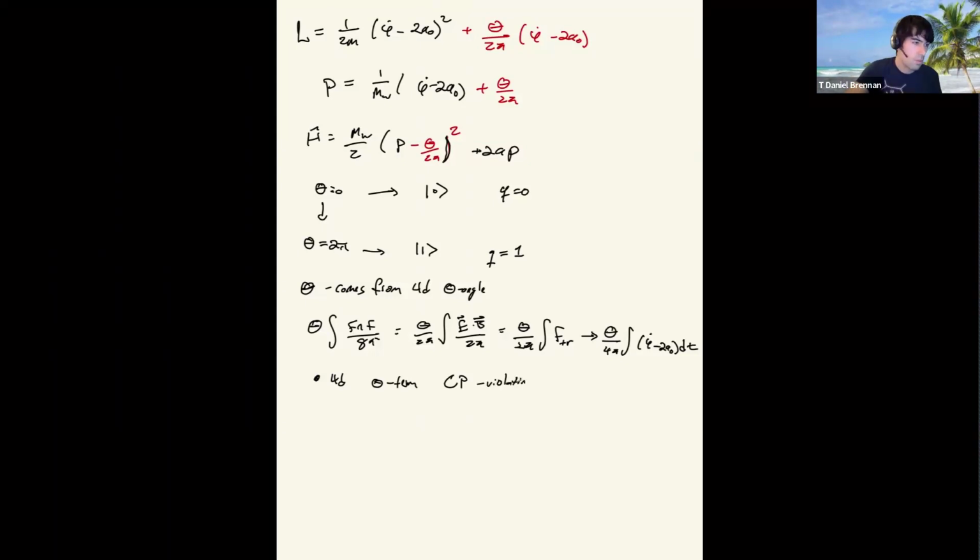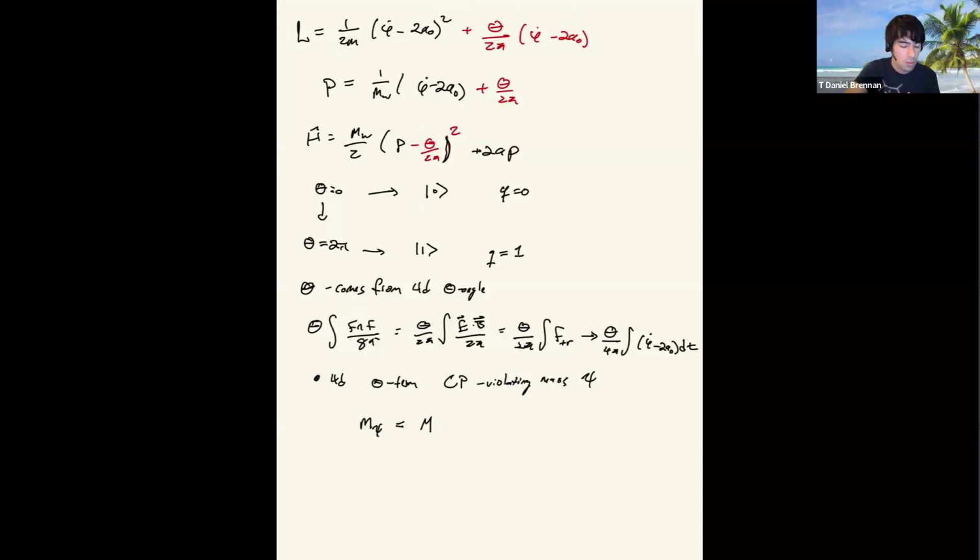So if you take fermions with some complex mass, and I'll write the mass as having some phase alpha, we know that you can just do a field redefinition or a chiral transformation of the fermions to move this complex phase into the 4D theta angle.